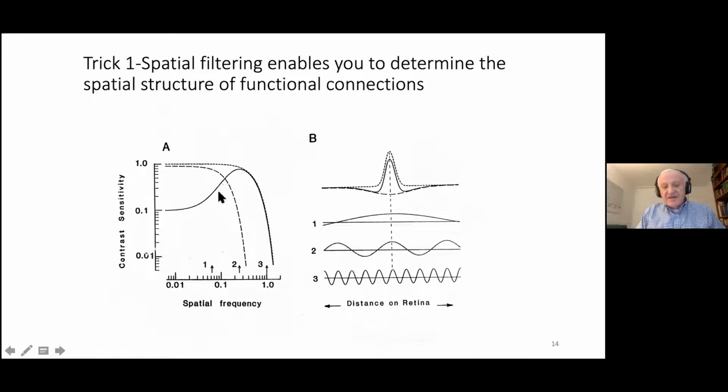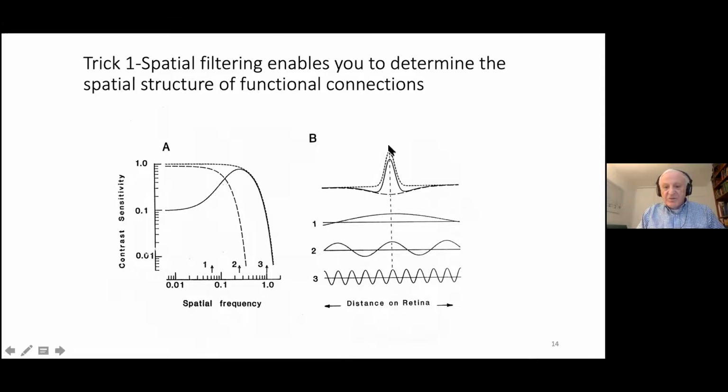But from the pattern of activity, the tuning curve that I'm tracing out, you can infer the spatial profile of the sensitivity of the neuron in space. So, for instance, if you have a low pass function that I'm tracing out like this, which is a Gaussian function of spatial frequency, that corresponds to what you'd find for the spatial frequency tuning curve for a Gaussian function of space.